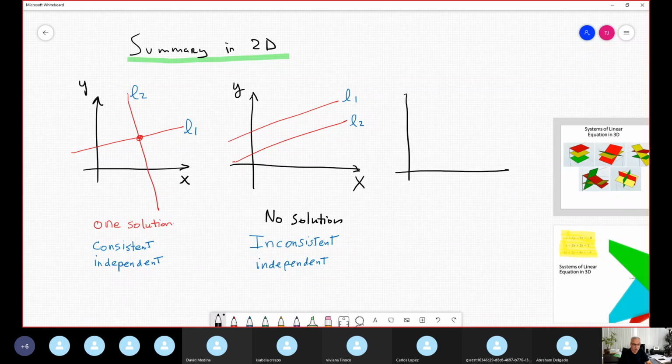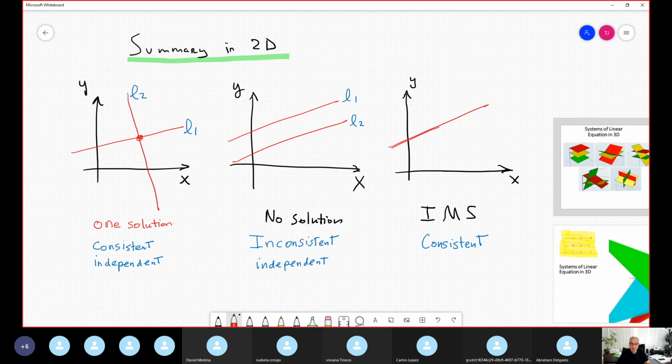Then, the last possibility, infinitely many solutions. Okay, in this case, the system is also consistent because the fact that we have a solution means it's consistent. If we have only one, perfect. But if you have infinity, I suppose it's much better. In that case, the lines are coincident.